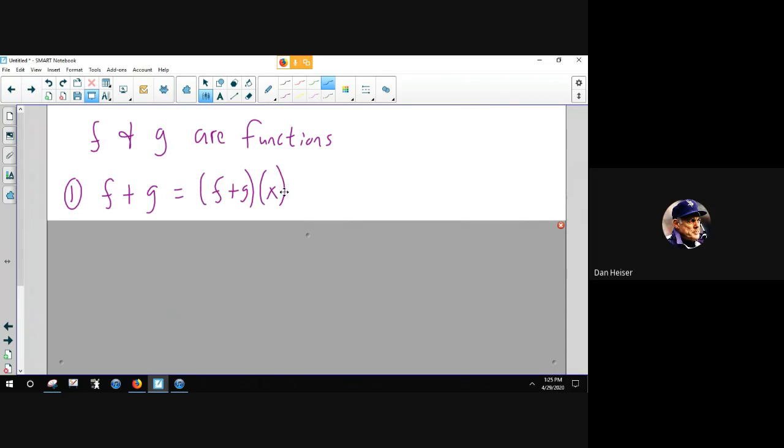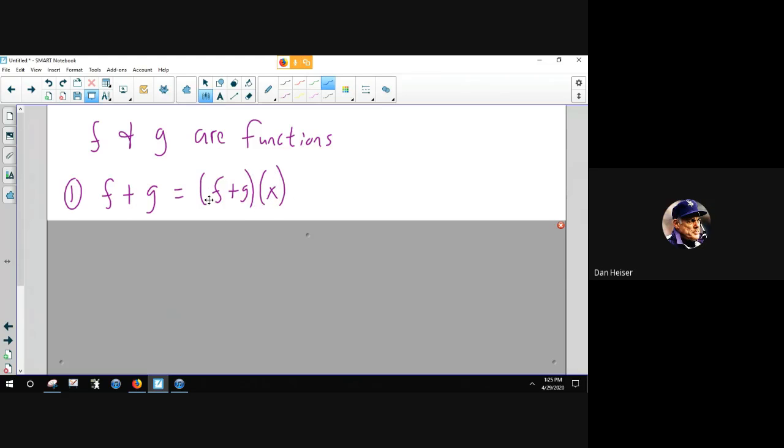This property is equivalent to what we just did on the last screen. The stuff at the bottom in blue would be this: evaluate them separately. Give them the same value and evaluate them separately, add the answers.